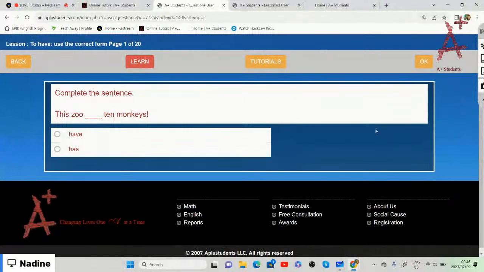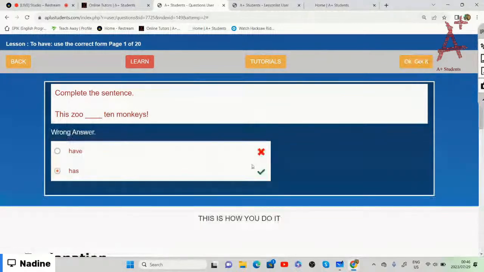This zoo: do we say "have 10 monkeys" or "has 10 monkeys"? Let's just choose any one. So we just chose have, right?